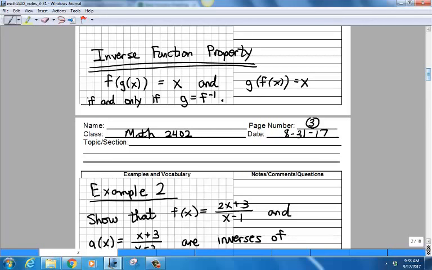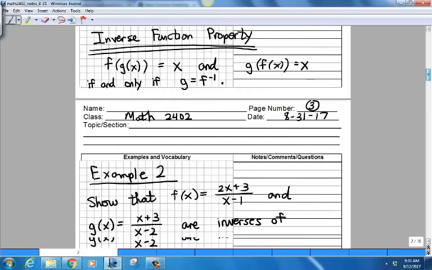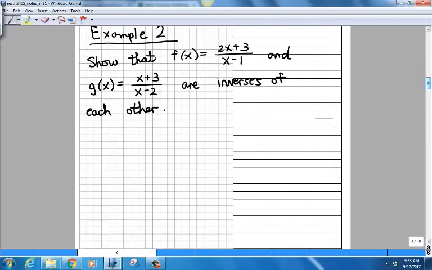So look at these two functions here. One way to check if they're inverses of one another is just to figure out what the formula for the inverses are. That would take you a few minutes, but it's not impossible. Or you can just apply that test. So here's what I'm going to have you all do.